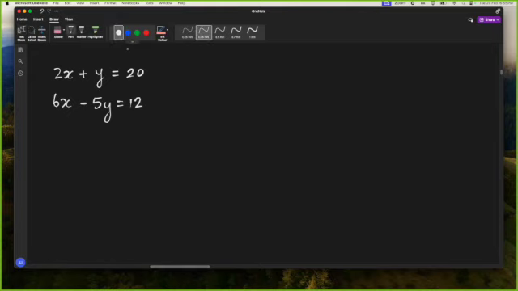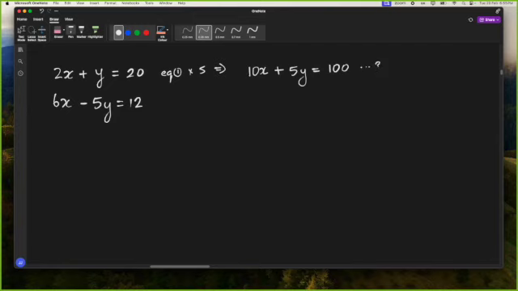So all you had to do is multiply equation 1 by 5. If I wanted to eliminate x, I could multiply this equation by 6 to get 12x, and then multiply this equation by 2 to get 12x. But eliminating the y's will be a lot easier, because all I had to do is multiply equation 1 by 5, and so what will I get? 5 2s are 10x plus 5y is equal to 5 20s are 100.